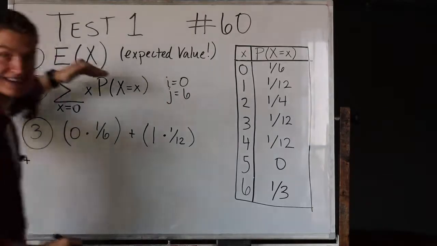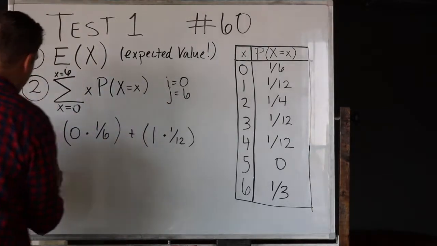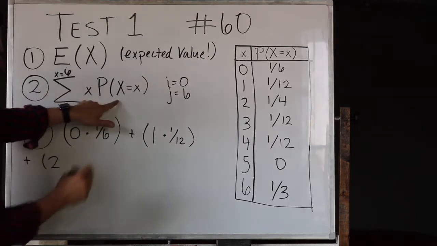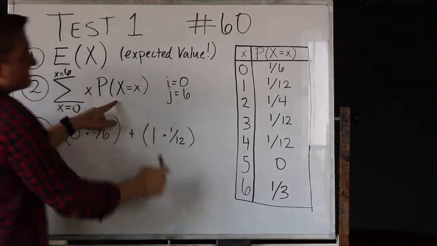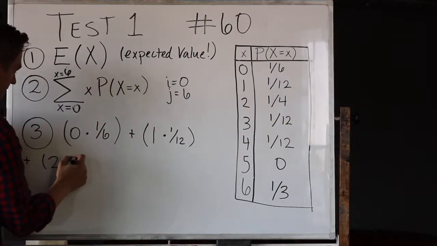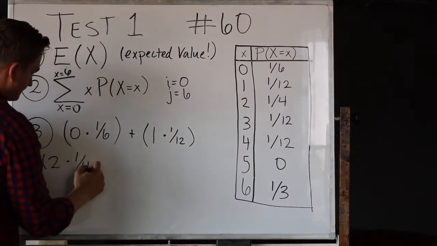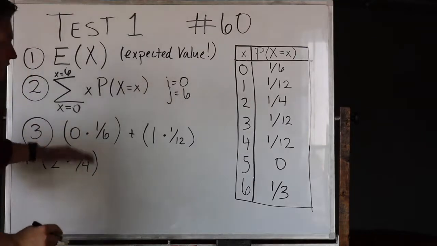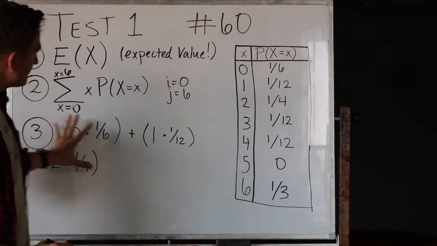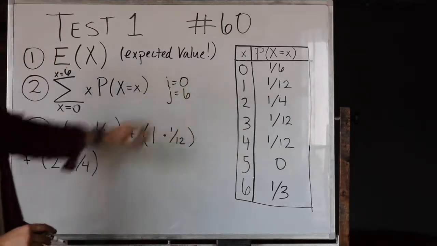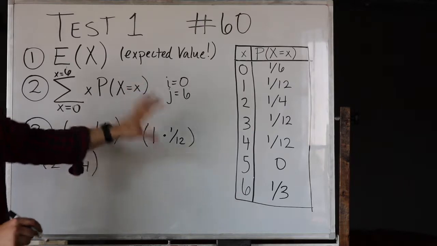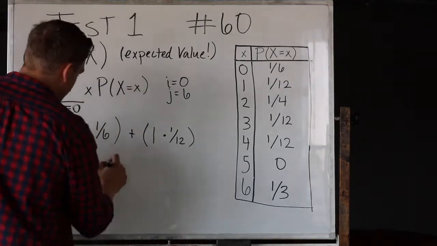We go up to the next highest x value, x equals 2. You'll have 2 goes in for x, times the probability that our big X equals 2, based on the table, that number is 1/4. And we're going to go so on and so forth through 3, 4, 5, and 6 until we have this entire expression filled out. So I'm going to go ahead and do that, and then I will catch up with you guys after I have done so.